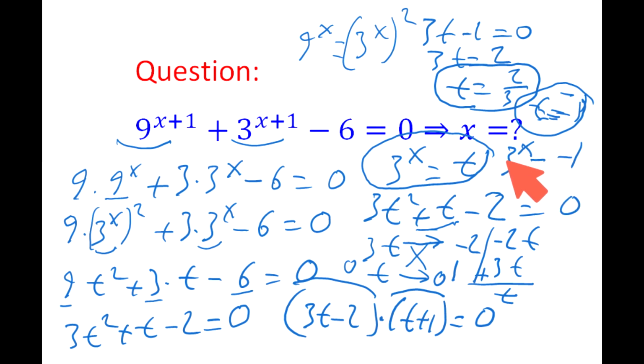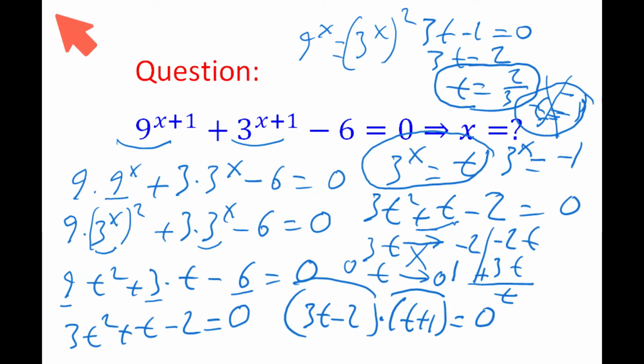Well, the left side is always going to be a positive number, right? Because there is no negative here. 3 is 3, so there is no way to make 3 to the power of x a negative number. That means, guys, this is not a solution. We cannot get any solution from here, so we need to work on the other possibility, which is t equal to 2 divided by 3, guys.